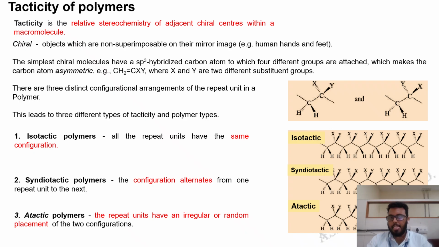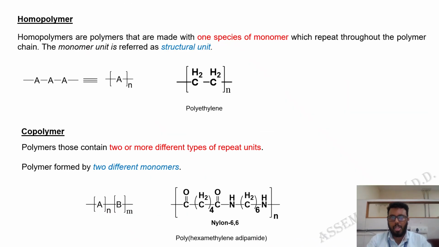So this tacticity is a very simple concept, and you have to write what you mean by tacticity and the three types and give these three examples. Okay, and now when you are doing a polymerization, homopolymer is something you can't avoid when you are preparing a polymer.